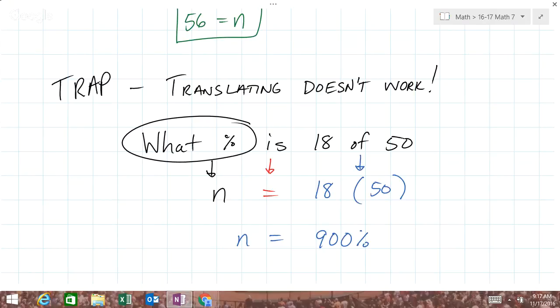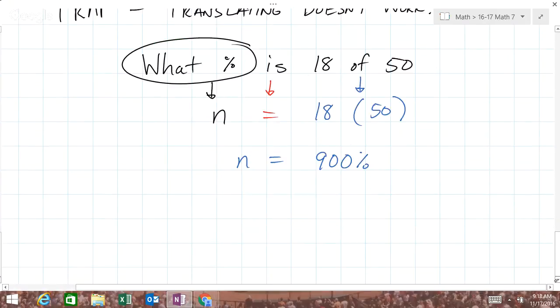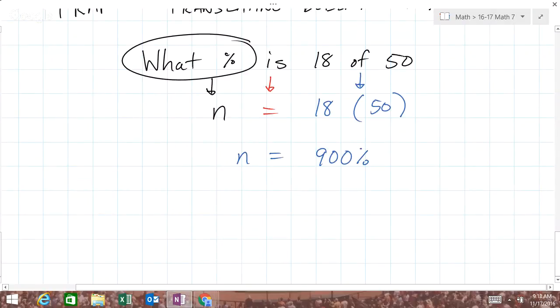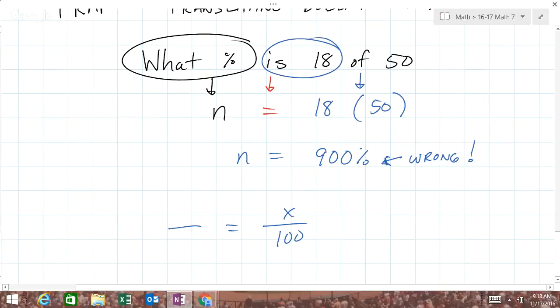So do you need to pay attention every once in a while? Yeah. Okay. But guess what? If we use the percent proportion, so this is wrong, isn't it? Wrong. Okay, wrong. But if we use the percent proportion here, would it work? We're going to find out real quick. Do we know what our percent is? Nope, there's our x. Do we know what our is?